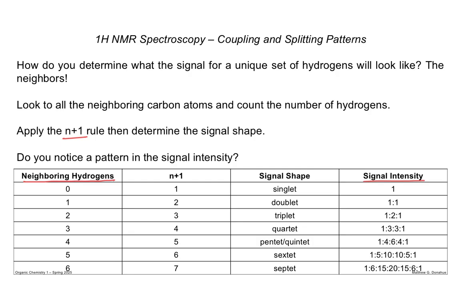But now when we get into 2 neighboring hydrogens, 2 plus 1 is 3. That's a triplet. We have 3 lines. Look at their intensity. It's 1 to 2 to 1. Does anyone know the sort of trend that's going on here? You might have seen it in math or geometry at some point.